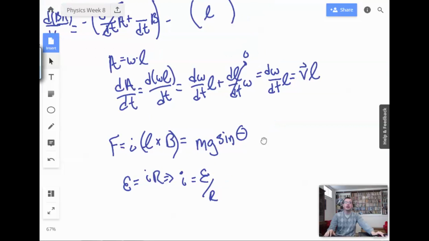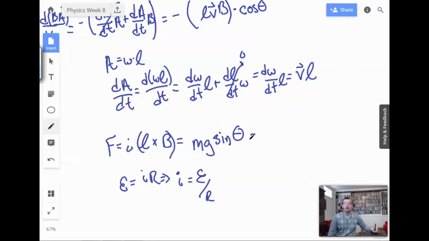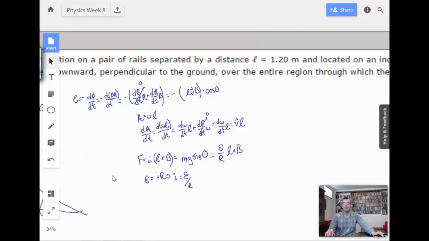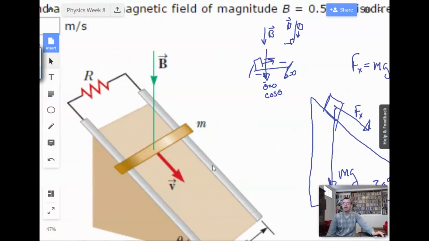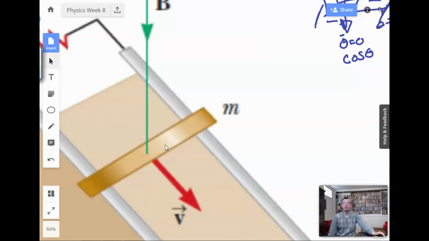All right, so I'm going to rewrite this again. I equals E over R, times L cross B. Now let's see if L and B are perpendicular, since the cross product is sine. L is going left and right, and B is going up and down. So yes, these two are perpendicular to each other.